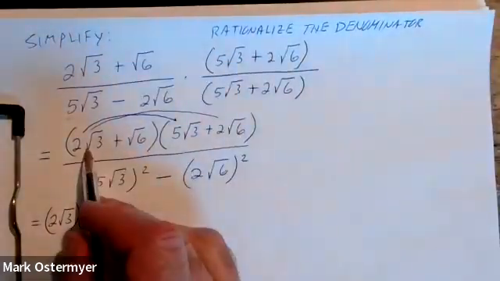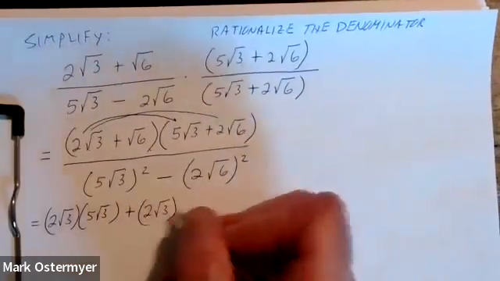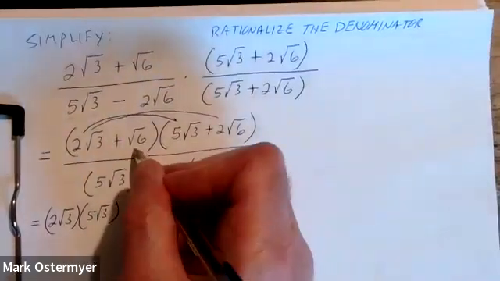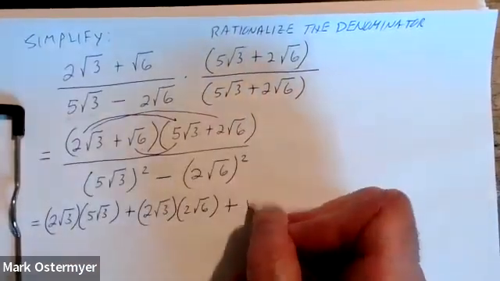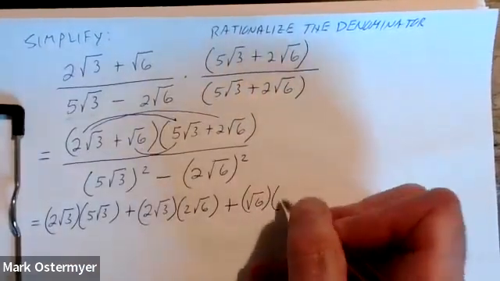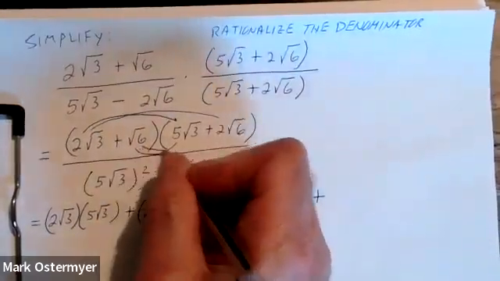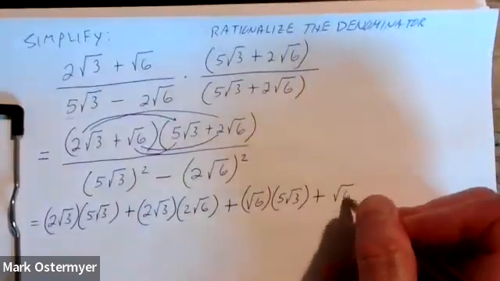That's to say 2 square root of 3 times 2 square root of 6. Plus, then I'm going to multiply my inner terms together. Square root of 6 times 5 square root of 3. Plus, then I'm going to multiply my last terms together. Square root of 6 times 2 square root of 6.